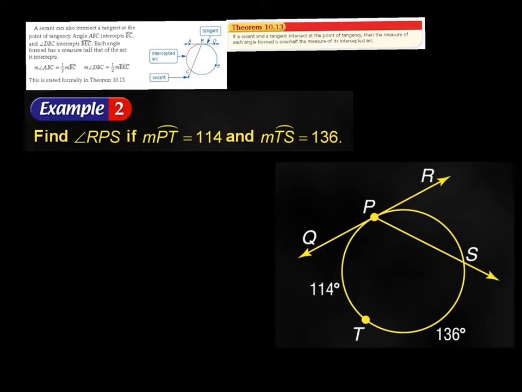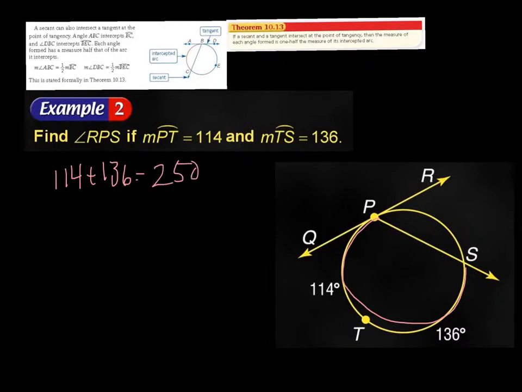Find the measure of angle RPS if the measure of arc PT is 114 and the measure of arc TS is 136. That whole major arc would be 114 plus 136, which is 250.